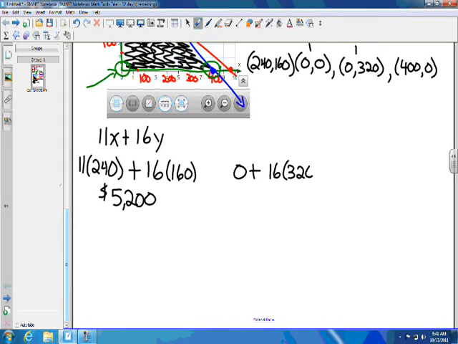So if we just make 320 long sleeve shirts, what? 5120, and then if we just make all long sleeve, I put that in there backwards. But what do we get on that one? 4,400.